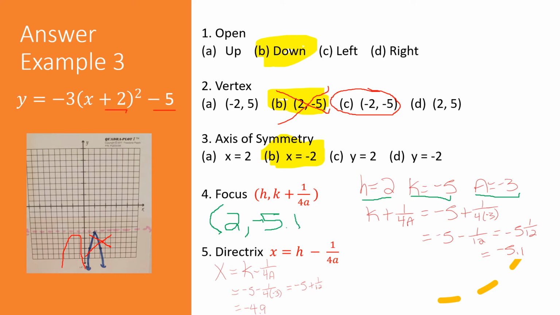That's a point. All right, anyway, that's as best as it's going to get right now. But anyway, that is the focus, and then the directrix would be x equals 4.9. Anyway, next slide, next example.